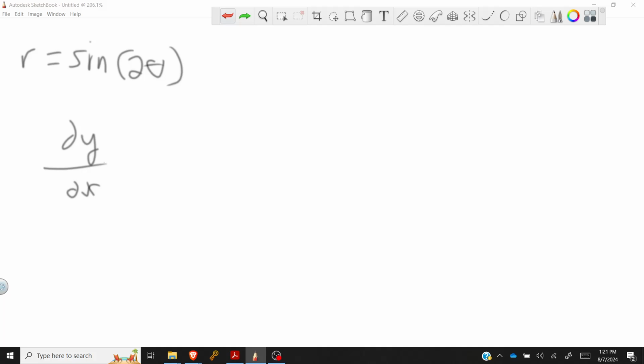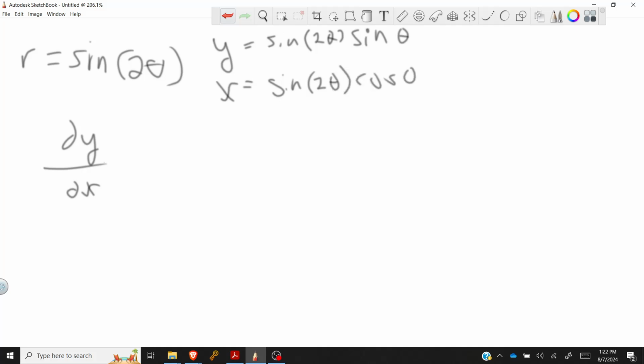So y is going to be equal to sine of 2 theta sine theta, and x is going to be equal to sine of 2 theta cosine theta. We're going to need to use r prime, so I'll write that down. That's going to be equal to 2 cosine 2 theta.